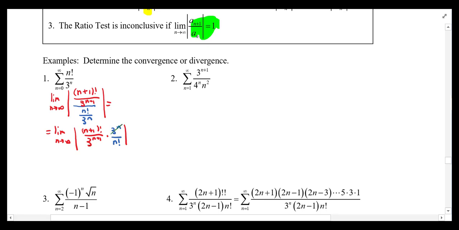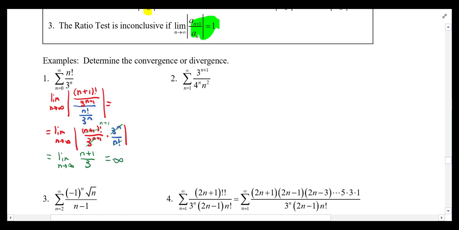Notice the 3 to the n and 3 to the n. That just leaves a 3 to the power of 1. And the n factorial with (n plus 1) factorial just leaves an n plus 1. So ultimately what you have here is the limit as n approaches infinity of (n plus 1) all over 3.